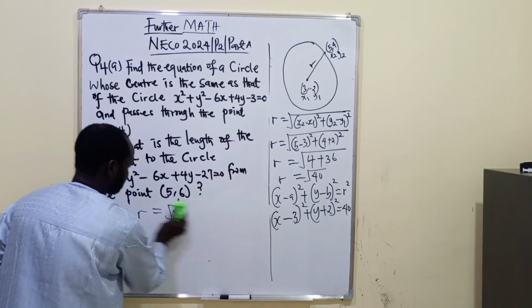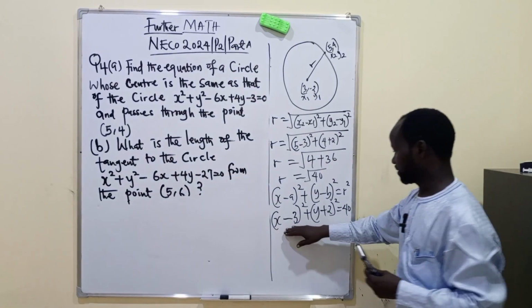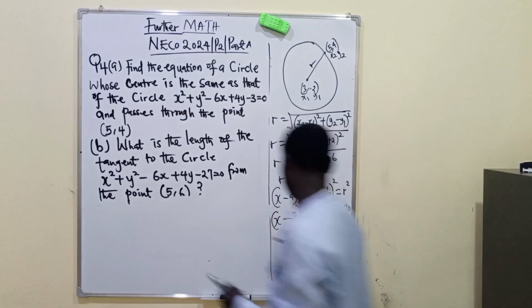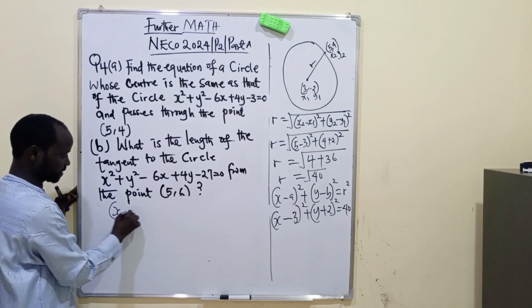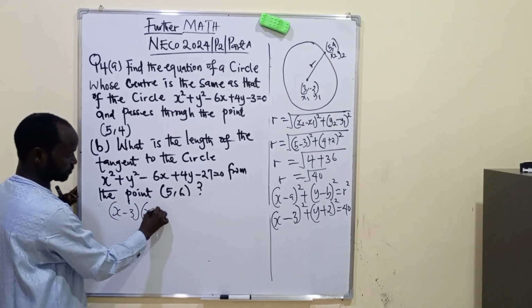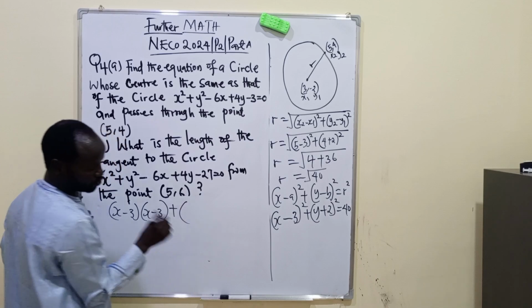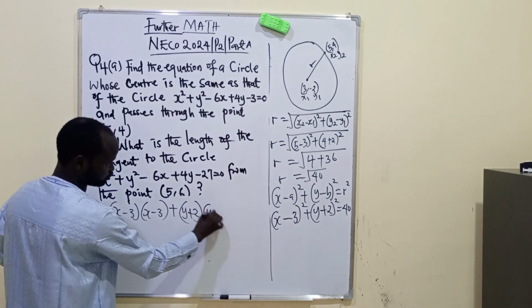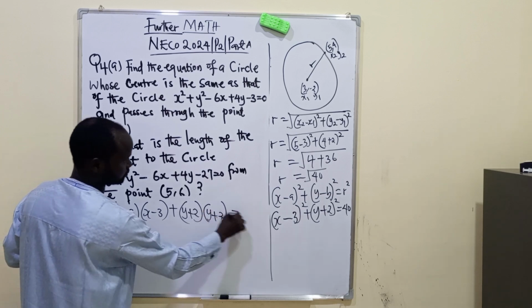Okay? So the next thing to do now, we can expand this. Let's expand here. (x minus 3) all squared means it will be (x minus 3) into (x minus 3), like this, plus (y plus 2) all squared means it will be (y plus 2) into (y plus 2), like this, equal to 40.